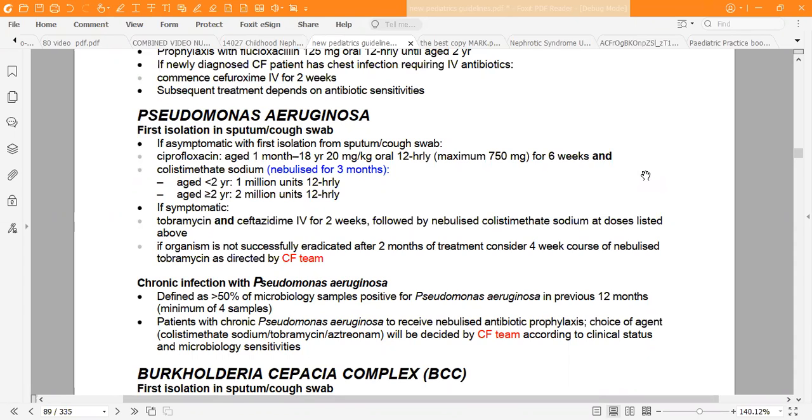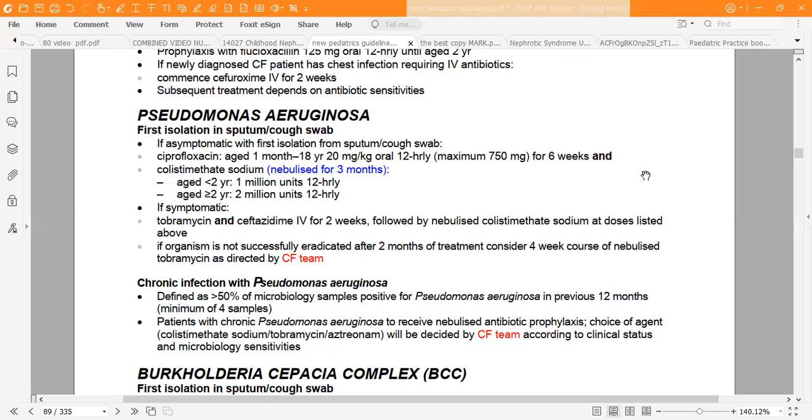Okay, if the organism is not successfully eradicated after 2 months of treatment, consider a 4 weeks course of nebulized tobramycin as directed by the CF team. So just to summarize these important points: if the patient is asymptomatic and has the pathogen in his sputum, we will start CC after discussion with the CF team, which is ciprofloxacin for roughly 6 weeks, and colistimethate sodium nebulized for 3 months.